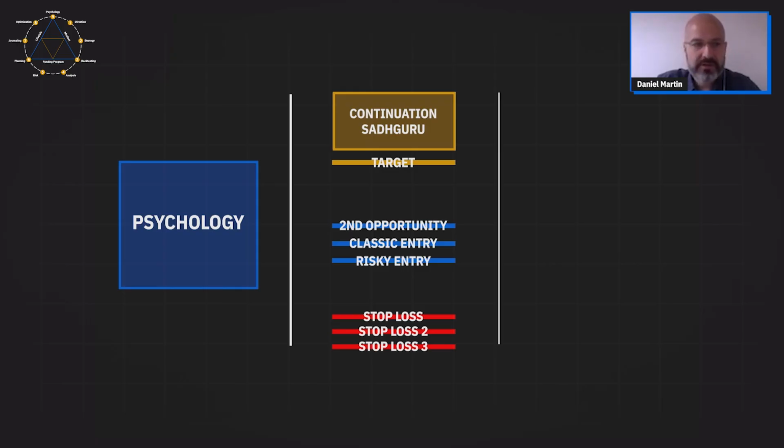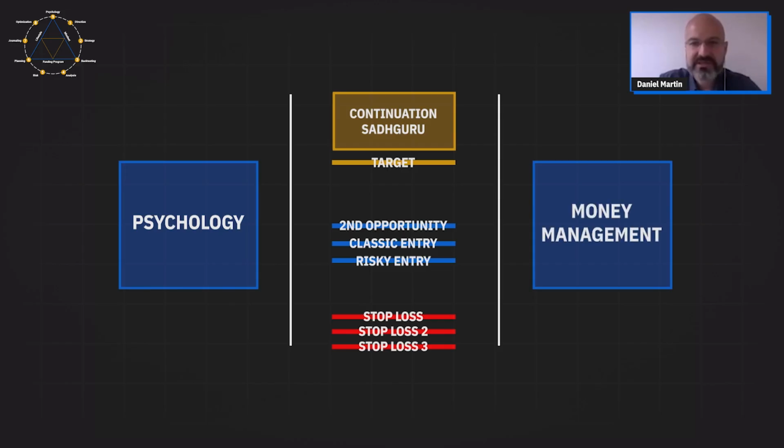Now, in the other part, we have what is called money management rules. How you manage that depends on your risk taking, how you take your risk, and that's what we discuss separately as well. Depending on your appetite, you will be riskier or less risky, and that has to match your expectations and your cost of living and all this stuff. You need to match these money rules with your strategy, and you choose the best option possible.